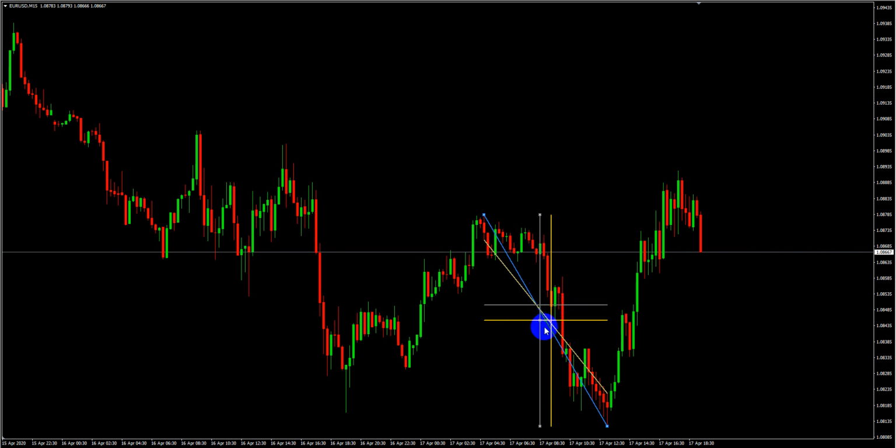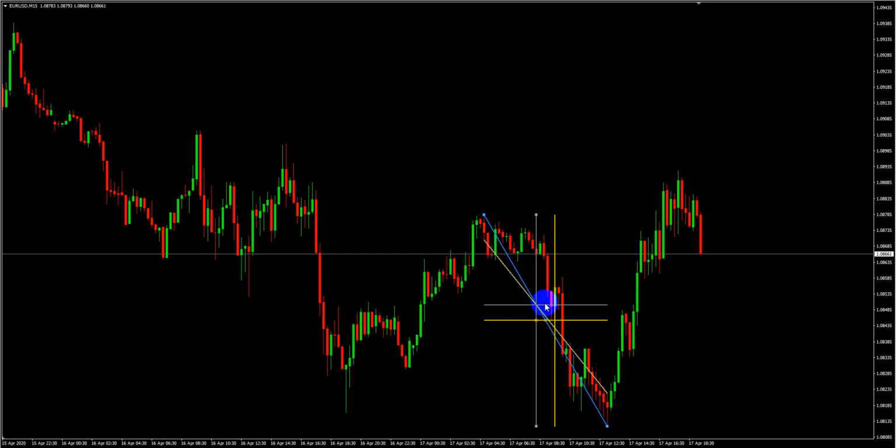I just moved it one candle because I'm not certain here. The cross line shows me that the actual cross price is right here, right? So that's why I plotted this cross price, to be able to know more clearly where the cross price is.